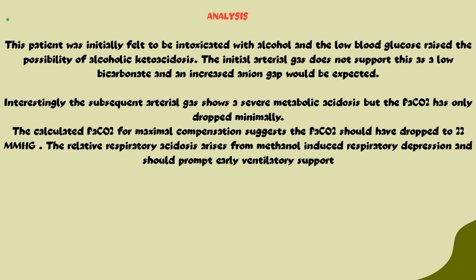I don't think they did have ketones demonstrated either. And also remember, the anion gap was normal. So what else could have been done is the question here. Is there something that could have helped us?